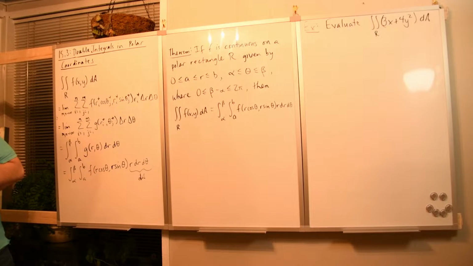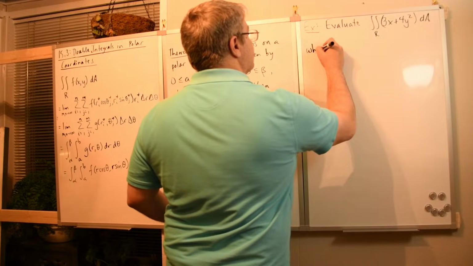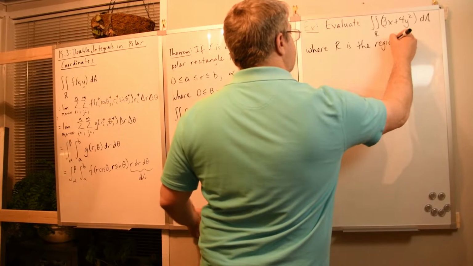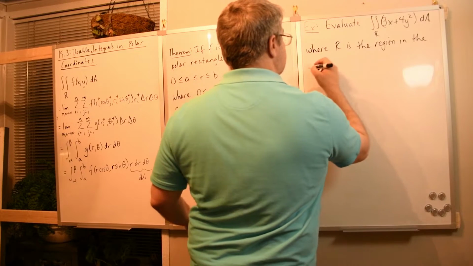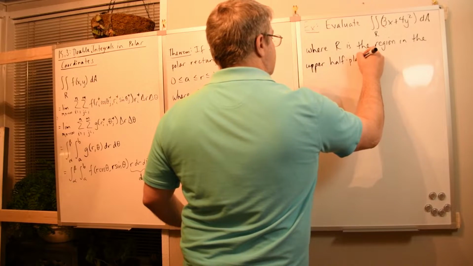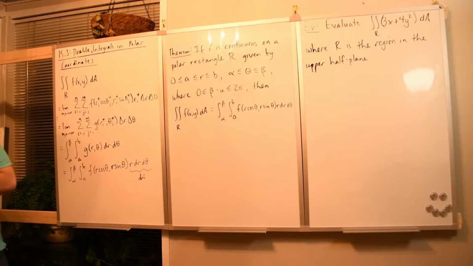So R is going to be the region in the upper half plane that's going to be bounded by two circles.